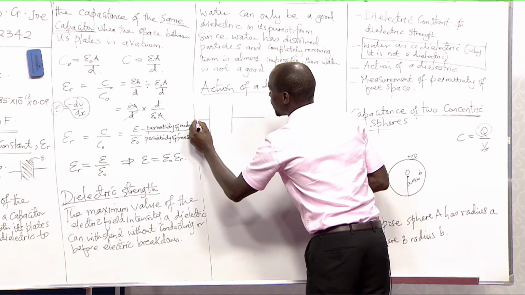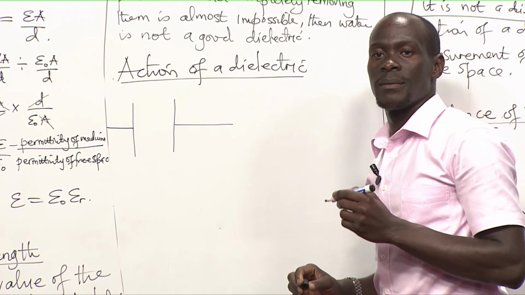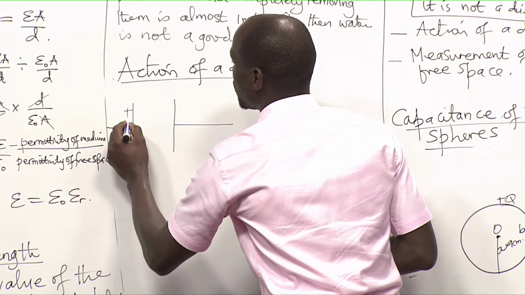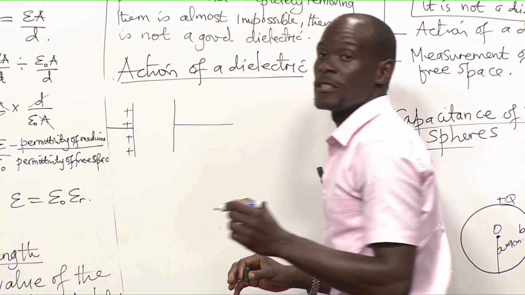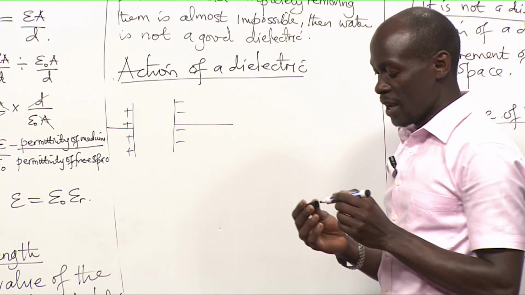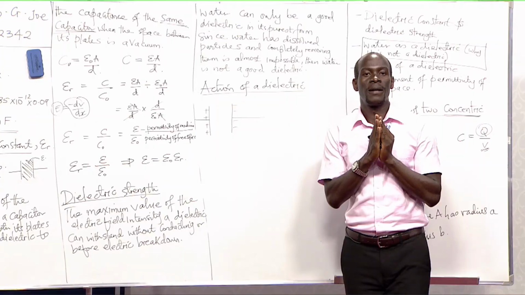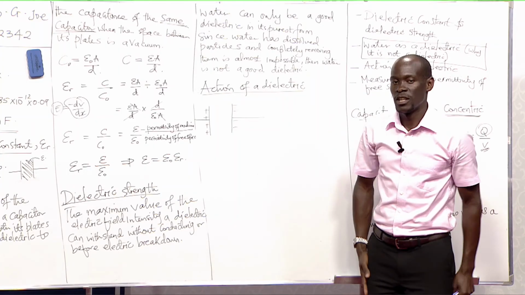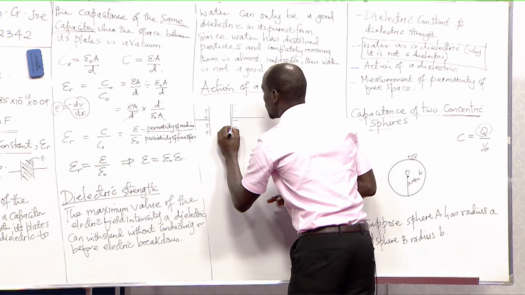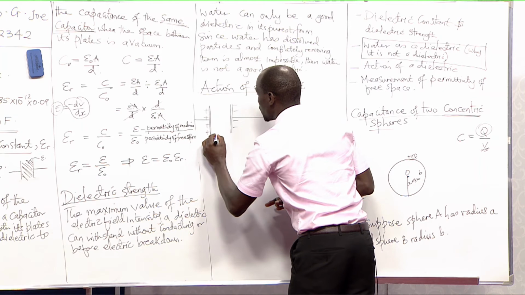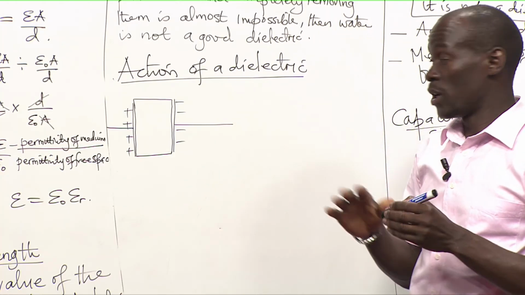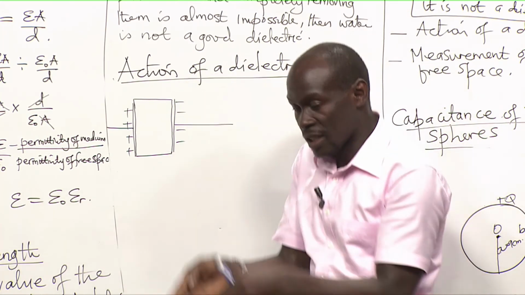Then you get the capacitor, and in between its plates, suppose this is a positively charged plate after charging, and this is a negatively charged plate after charging. We then place the dielectric in between its plates. Suppose this is our dielectric. This is our dielectric. Now, when you place that dielectric between, never mind the space I'm leaving, but it exactly fits.